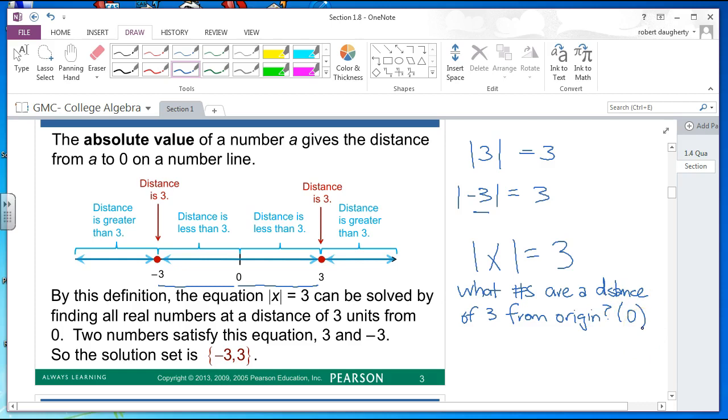So what numbers are 3 units away from 0? Well, the obvious one is 3. 3 is 3 units to the right of 0. But the one that you may not think of is also negative 3. So negative 3 is also 3 units away from 0. So how do I solve the absolute value of x is equal to 3? That has two solutions, x equals plus or minus 3. There are two numbers that are a distance of 3 from the origin.